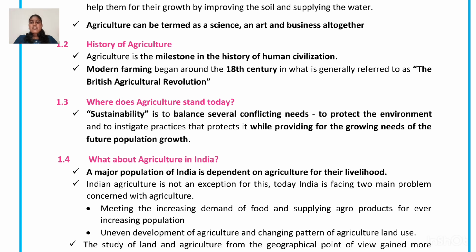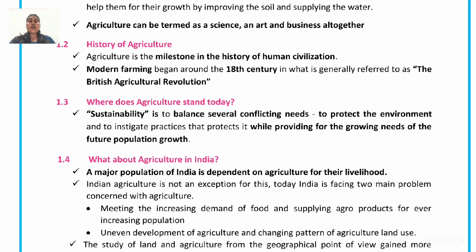The commercial agriculture practices being followed right now are showing a huge impact on the environment. We do not want that. So we want sustainable agriculture, so that we are using the resources while also keeping the needs of future generations in mind.